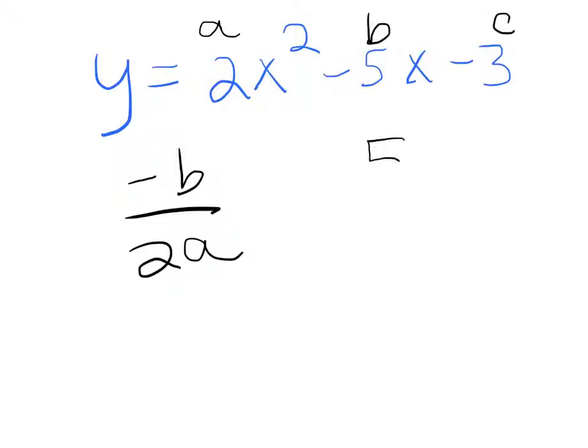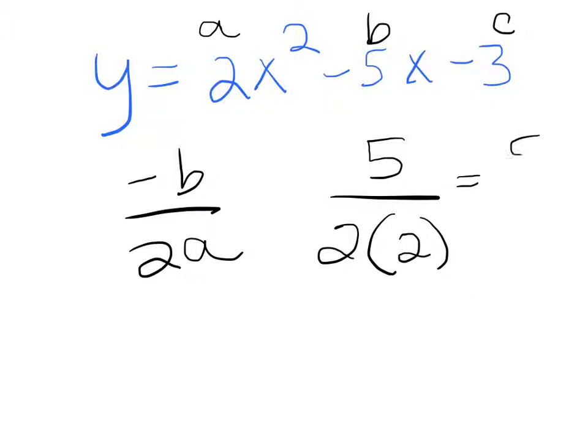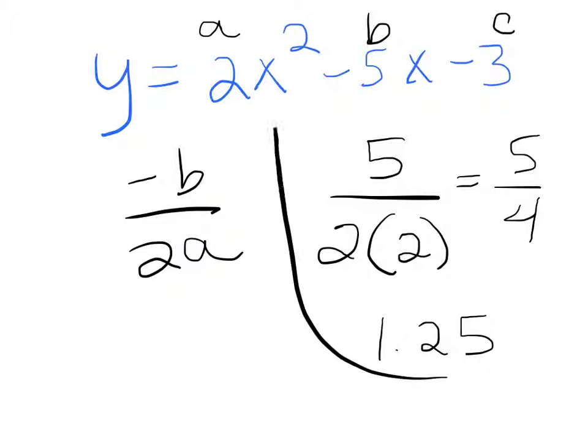So the opposite of b is going to be a positive 5, over 2 times a, and a is 2. So we have 5/4. And that's the same as 1.25. And I can take that value and plug it back in for x. And that's going to give me the y coordinate. Okay, so that is where I got the y coordinate value from on the review that I've sent out, the answer key I've sent out.